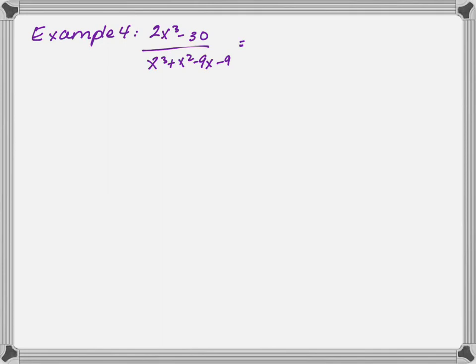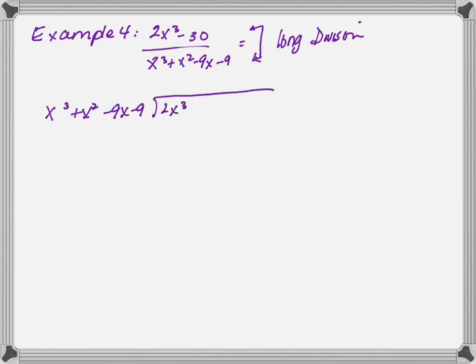Okay, example 4, again, both have the same degree, so I have to do long division. So I would say x cubed plus x squared minus 9x minus 9 divided into 2x cubed minus 0x squared, don't forget these, minus 0x minus 30.